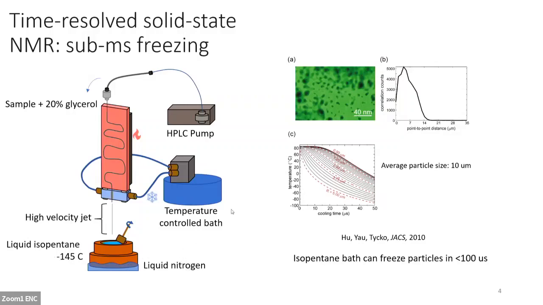And this technique has been shown in previous studies to rapidly freeze solutions of protein that are injected into the liquid. The jet breaks up into small particles that freeze on the timescale of 10 to 100 microseconds in the isopentane solution. And then by varying the distance over which the jet travels or the flow rates, we can probe different time points after the temperature drop to get kinetic information about the folding process.